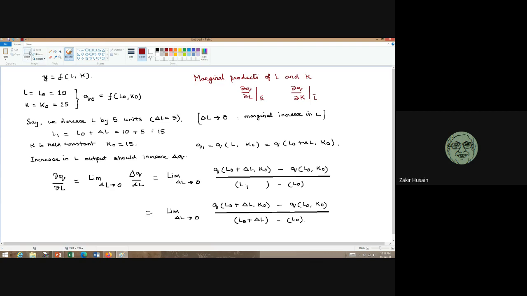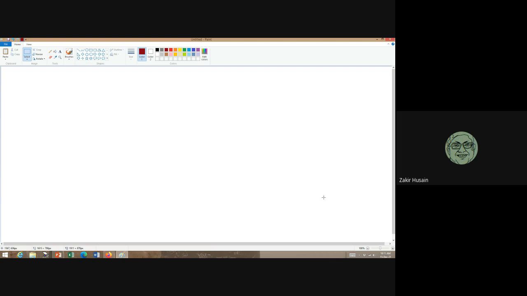Okay. So instead of production, we can also apply it to the case of utility. Okay. So we have utility as a function of the two commodities X1 and X2. So in that case, what will be del U by del X1? This is the marginal utility of X1 when X2 is held constant, right?